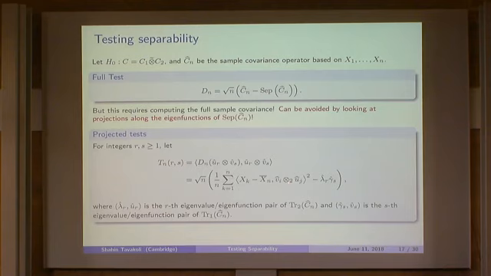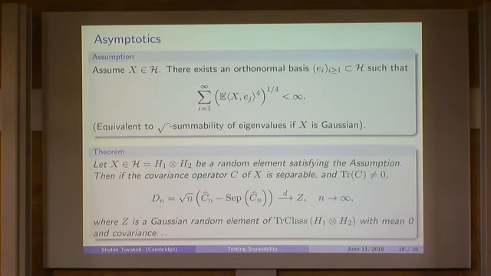So you're estimating the product of the eigenvalues corresponding to this eigenfunction and this one, and this is one way of estimating it. Another way of estimating it is by taking the partial covariances and now looking at the eigenvalues. So essentially, it's a little bit like a chi-square test of independence.